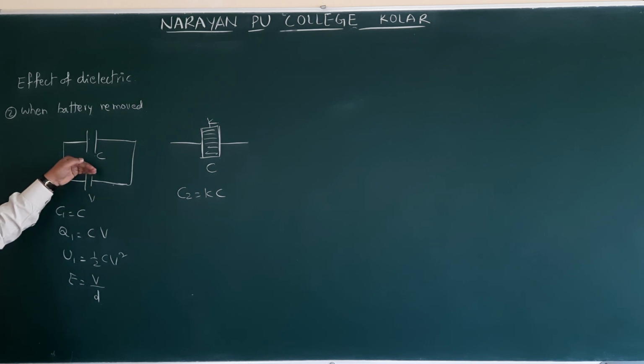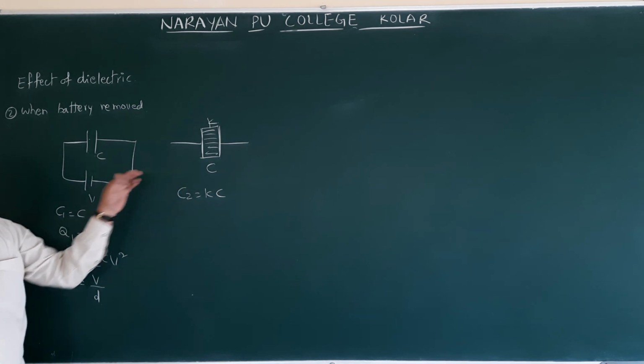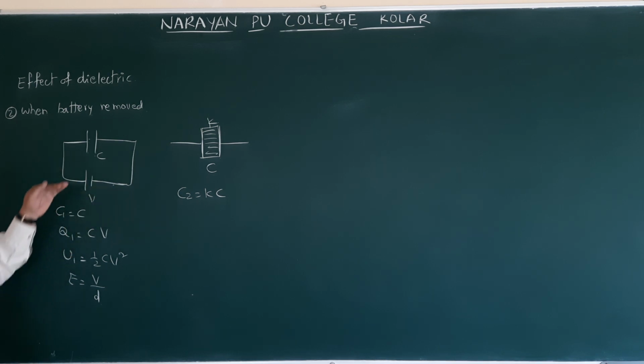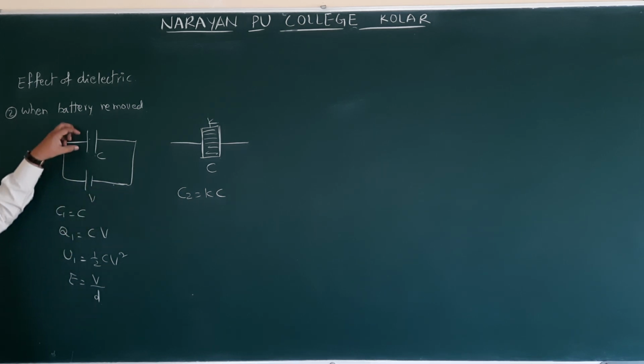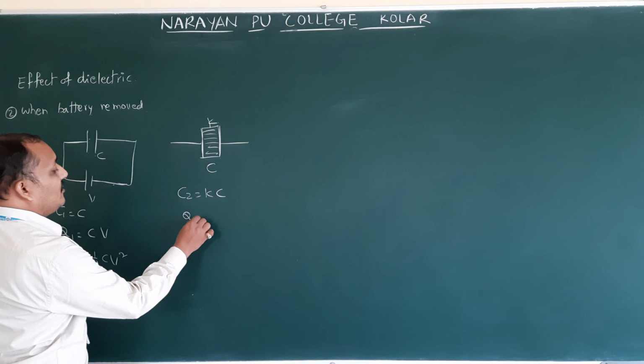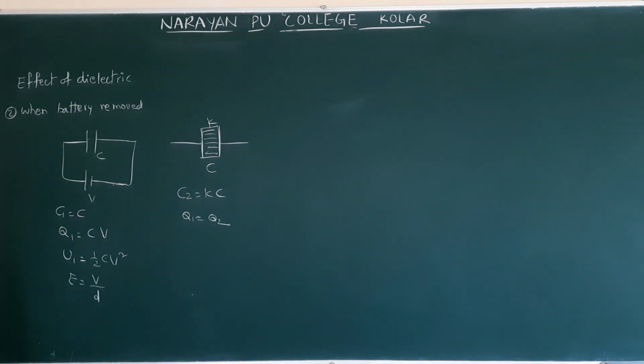Before removing the battery, it is charged up to Q1, which is CV. Whenever we remove the battery, it is already charged up to Q1, so after removing the battery the charge on the capacitor remains the same. Q1 is equal to Q2.